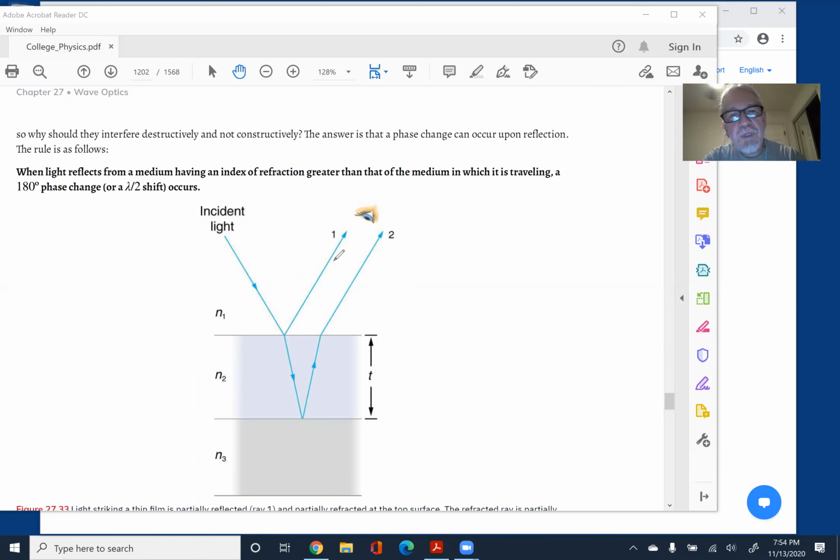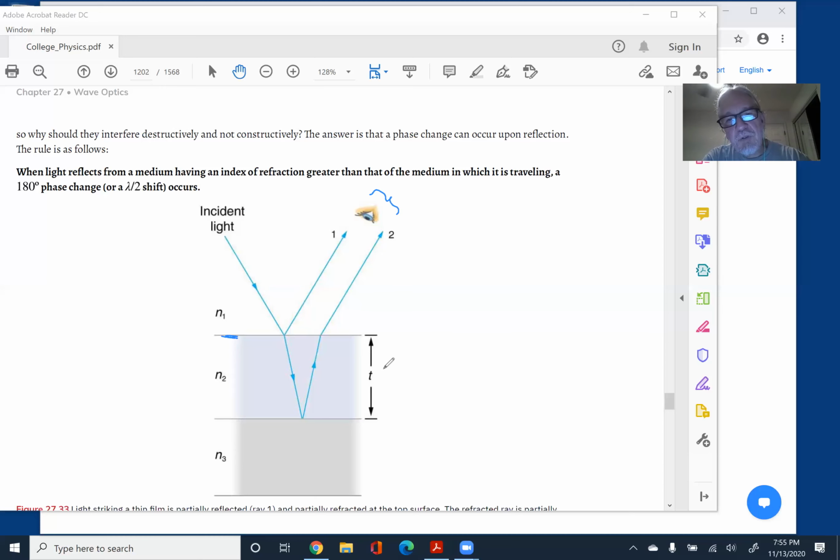So for the two that you have, clearly the path that goes into N2 is going to be longer than the one that goes just to this first interface and bounces out. So what you want to do is calculate the difference between these two paths. And that will tell you whether you have constructive or destructive interference. So there are two effects.